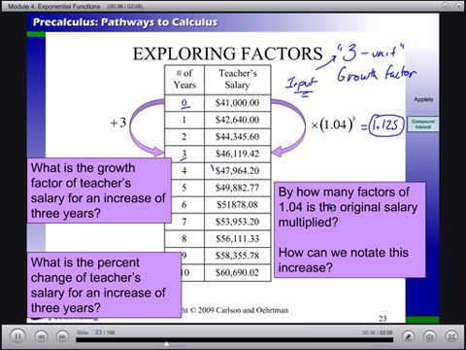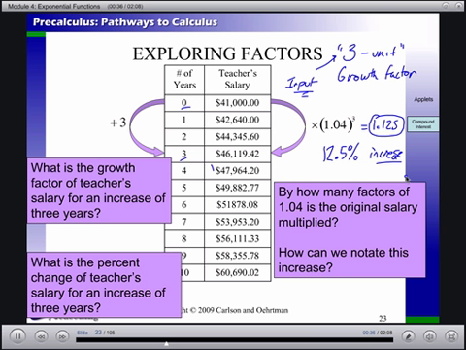Okay, what's the percent change then? So what percent change do we see every 3 years? 12.5% change, increase. Just rename that.